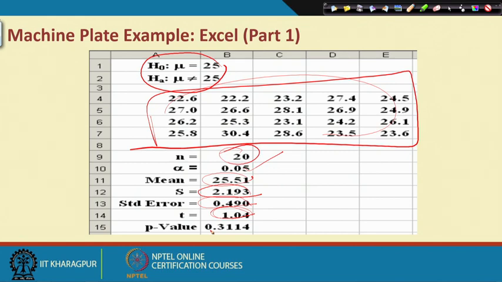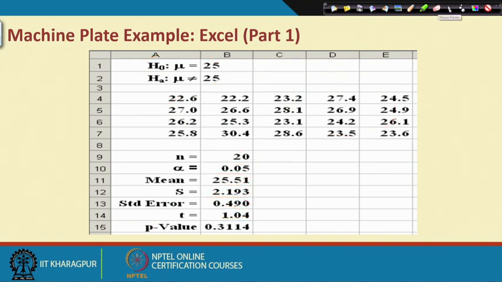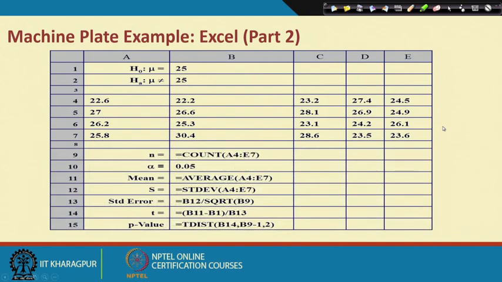So, now corresponding to this you go to the Excel spreadsheet and check how the structure is, and these are the commands which you have already discussed. Once you enter the data, systematically you calculate all these items, and finally you have to check whether to accept or reject.